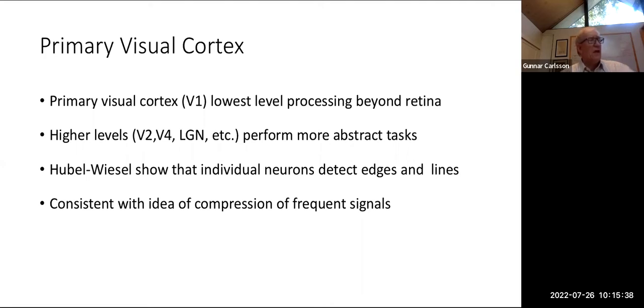And this finding of Hubel and Wiesel is consistent with that, in that the visual cortex has adapted itself to those frequently occurring signals by devoting a single neuron to detecting them, because you would want to detect things that occur frequently with a single neuron.